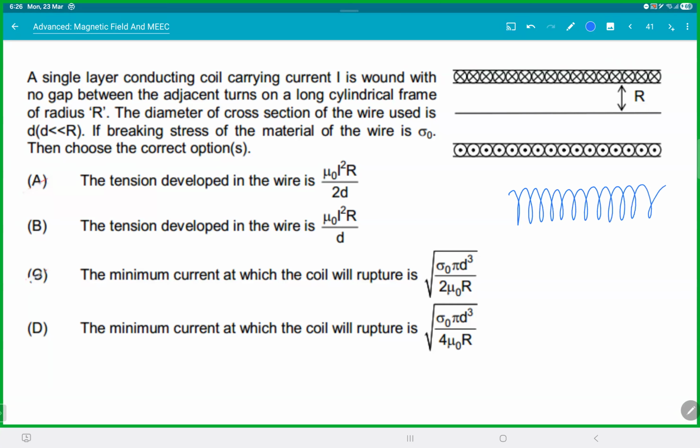A single layer conducting coil carrying current is wound with no gap between the edges and turns on a long cylindrical frame. The top ones are the region where the current is entering inside. You are just seeing the cross section. And here the current is coming out from the bottom. In the exam they will not explain, but that is the picture actually. The breaking stress of the material of the wire is sigma naught, then choose the correct option. This is based on what I taught you.